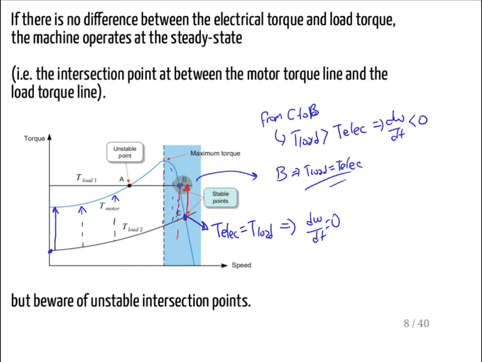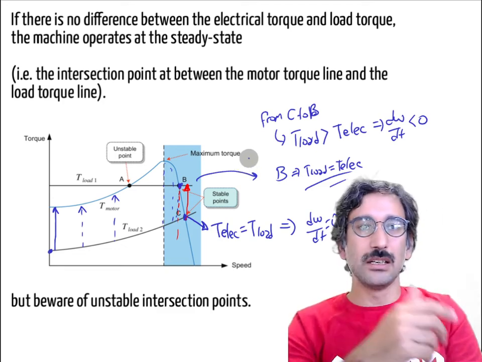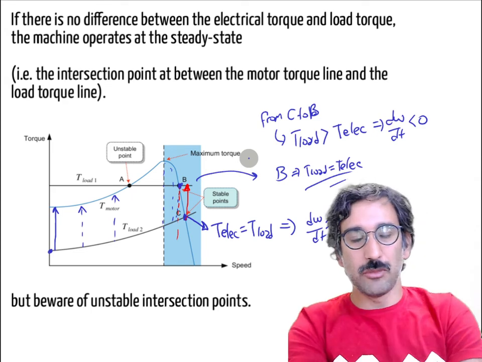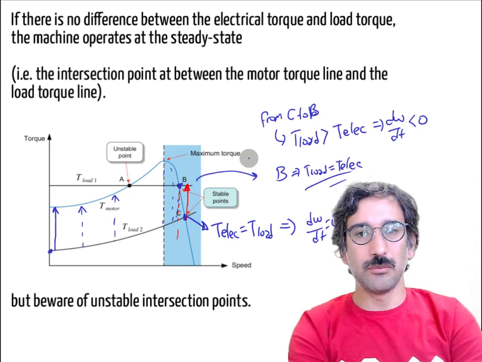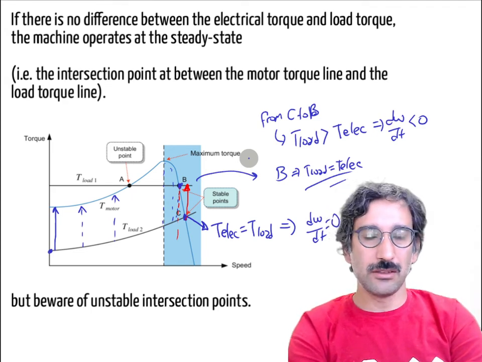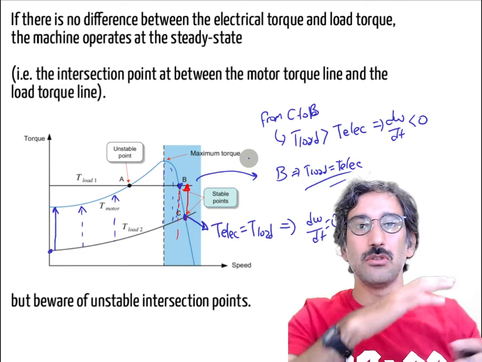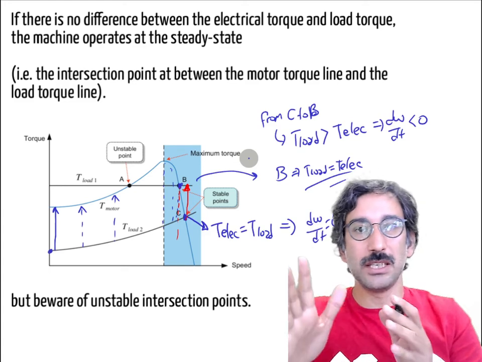Graphically, the intersection point shows us the steady state operating point, but that doesn't mean, and that's a common mistake, that you can just go from point C to point B instantly.